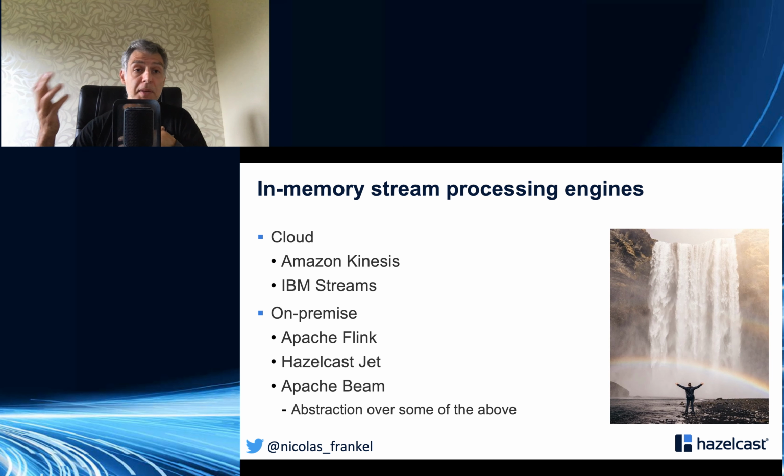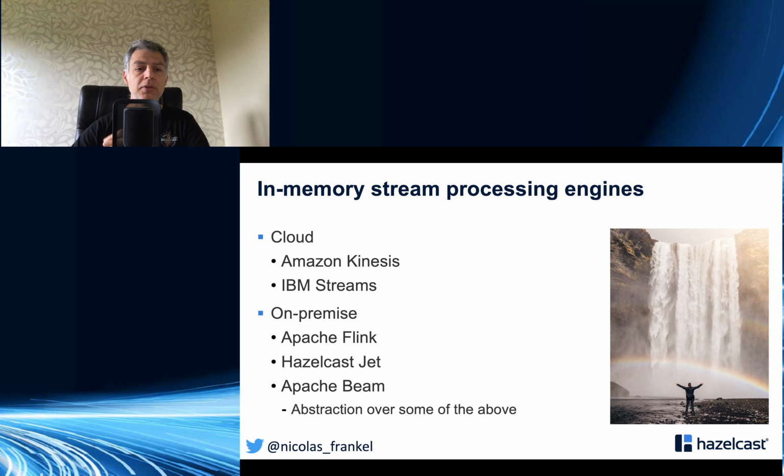We will use an in-memory stream engine, and you might know about some of them. In the cloud, every cloud provider proposes one. So you have Amazon Kinesis, IBM Streams, Google Pub/Sub, this kind of stuff. You can also have a processing engine on-premise, such as Flink or Jet.